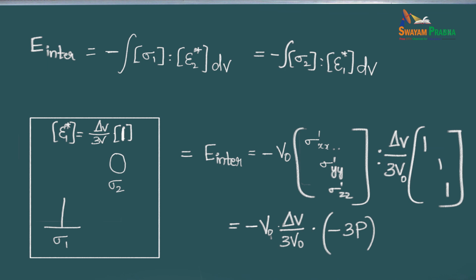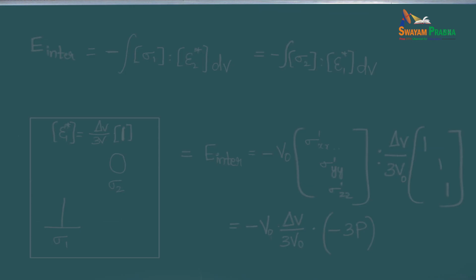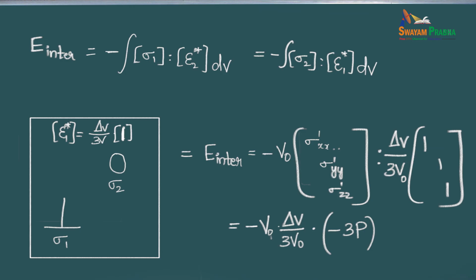That is the trace of the stress tensor. What is the trace of the stress tensor? Yeah, the hydrostatic pressure, with the minus. So it's three times pressure. The minus goes away, the 3 goes away, the V naught goes away. What do I get? P delta V, which might be an expression that you have seen. The interaction of a dislocation with a solute, we always say, is P times delta V. This is coming from that directly.